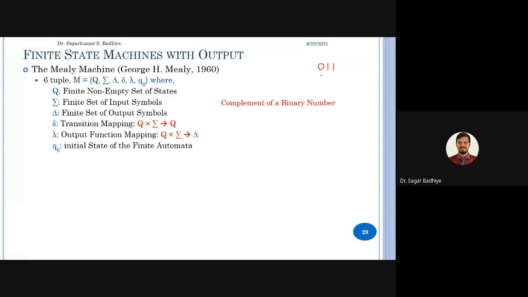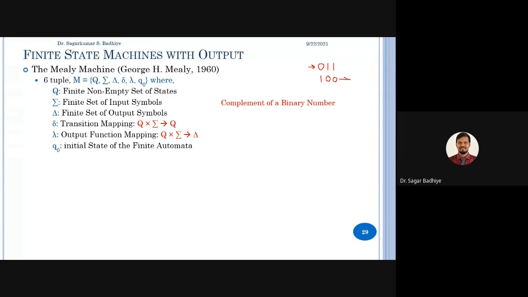So the complement of this binary number will be 1, 0, and 0. Now we need to design a machine, a finite state machine, that will get this as an input and produce this as an output.